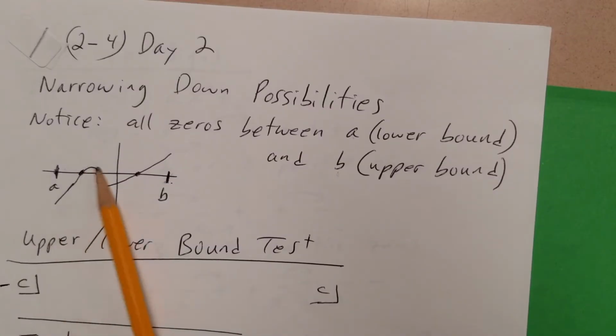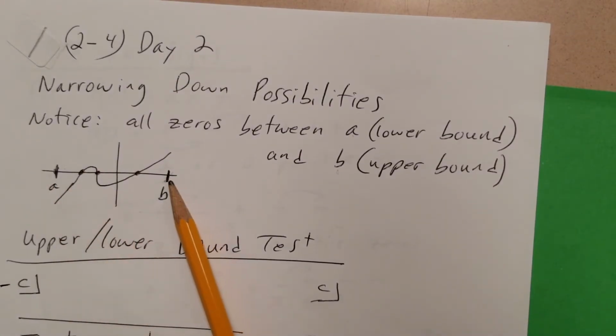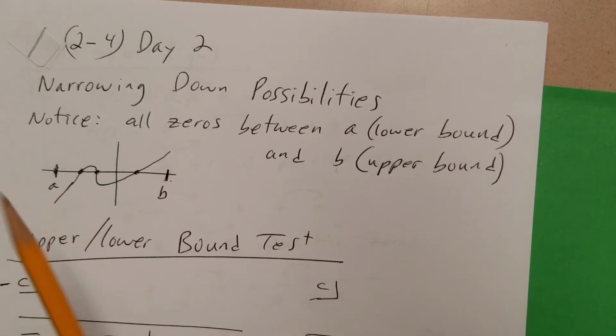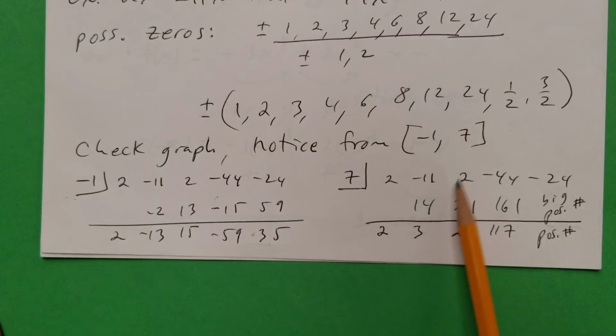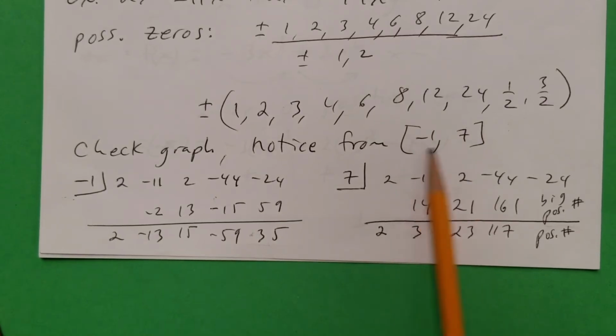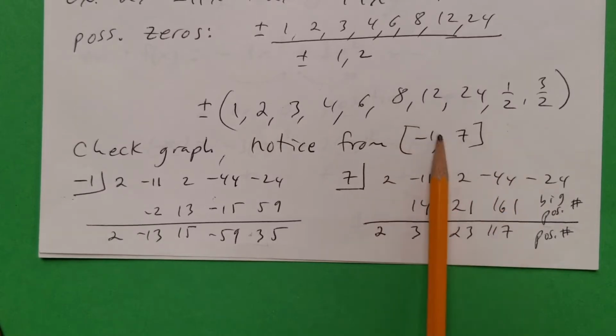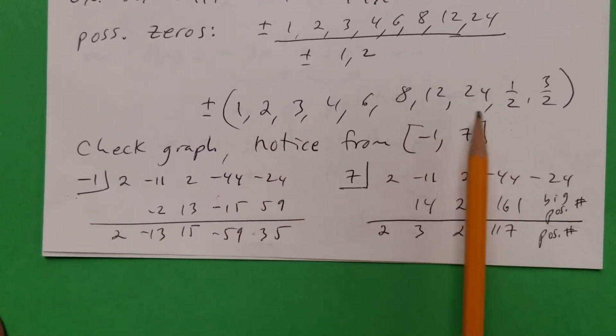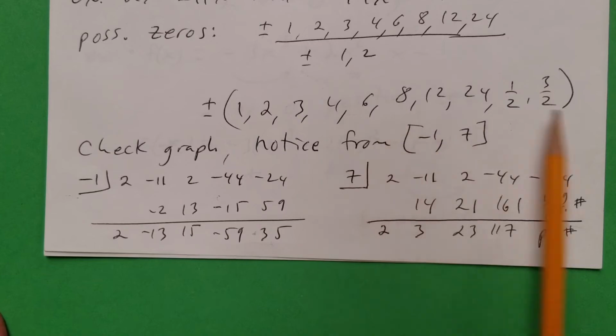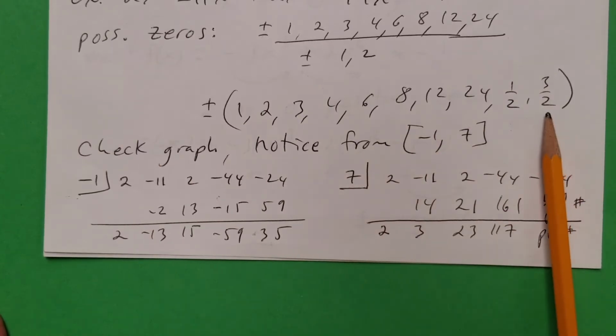Remember, it's like A and B are upper and lower bound, and now we're sure there's no more zeros this way, there's no more zeros this way, right? So now anything that's outside of -1 and 7, you can throw out, like 8 and 12, etc. So we narrowed down the possibilities. We had a lot of possibilities, but we narrowed it down.